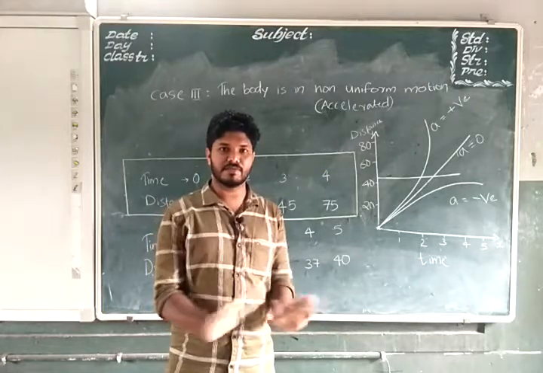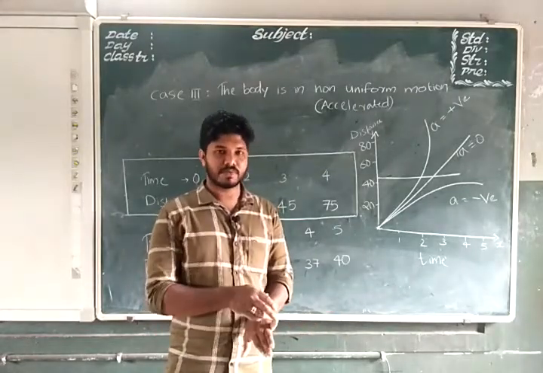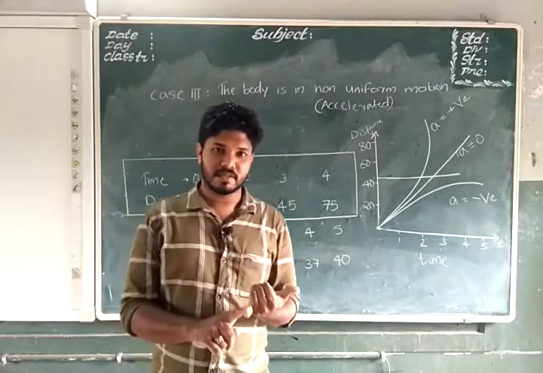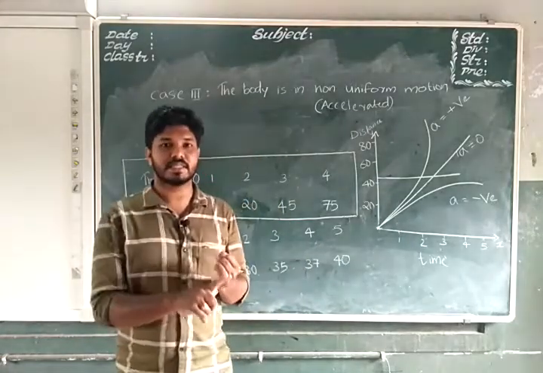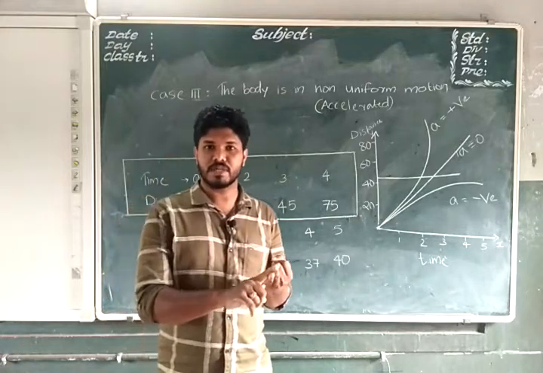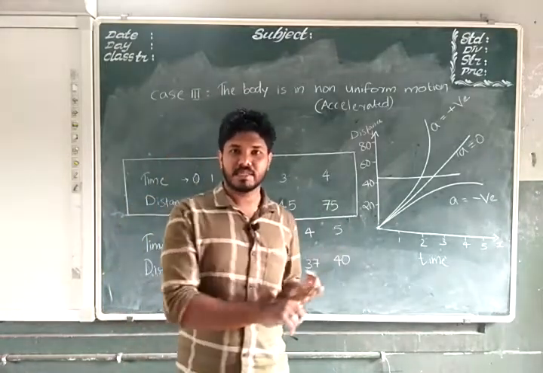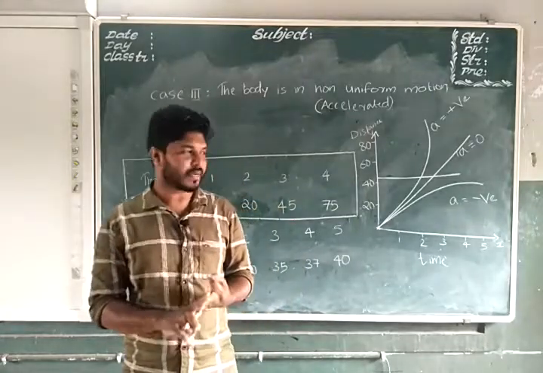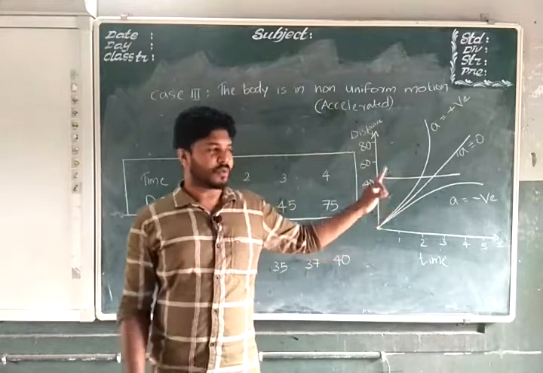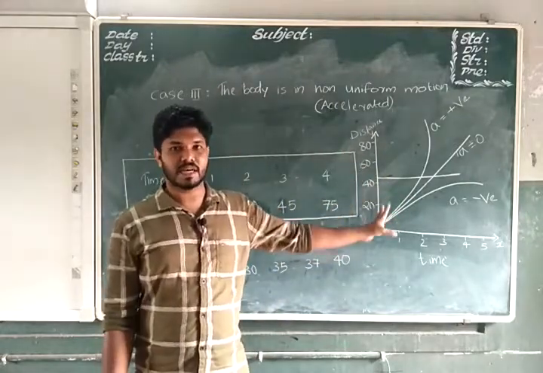Hope it is clear for you. I told from the first, from the at rest, there are only 3 cases, very easy thing. Case 1 at rest, case 2 uniform motion, case 3 non-uniform motion, and based on the graph we can tell the nature of a motion by just seeing the graph only.